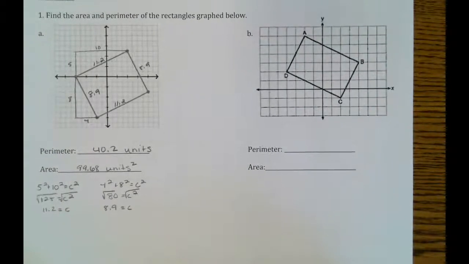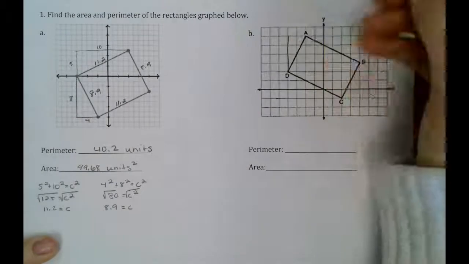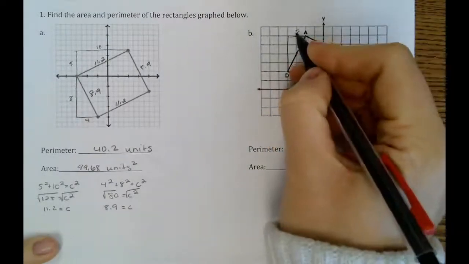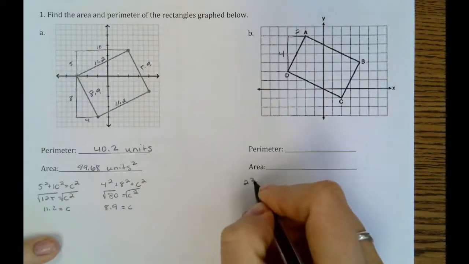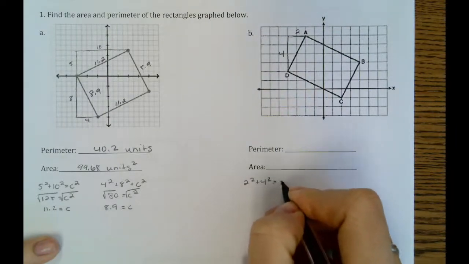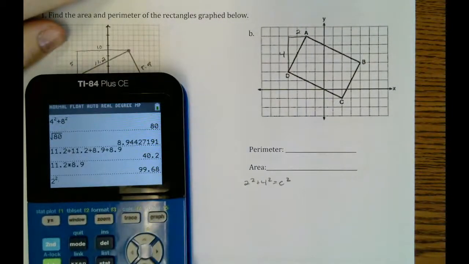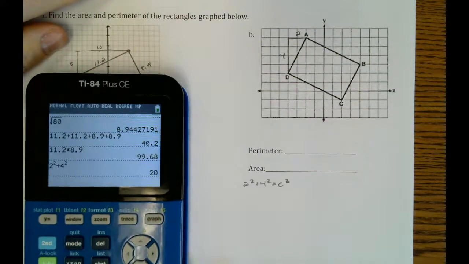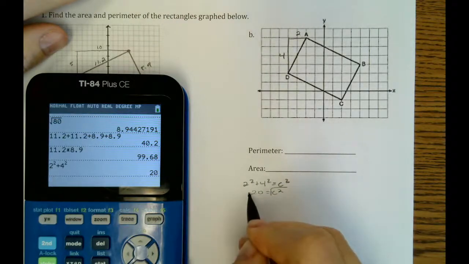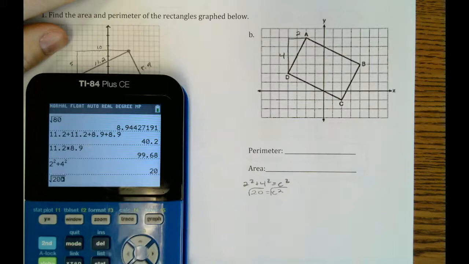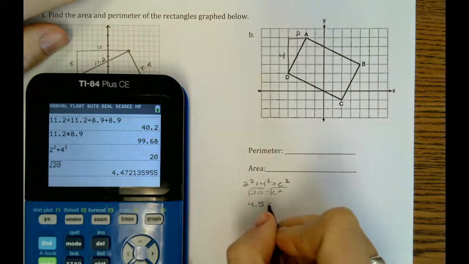Okay, for letter B, we'll do the same thing here. So draw our triangle. We have 2 and 4. So 2 squared plus 4 squared is 20. Take our square root, and that gets us, we'll say, 4.5.